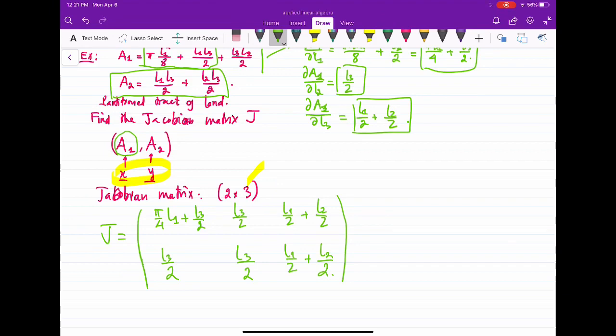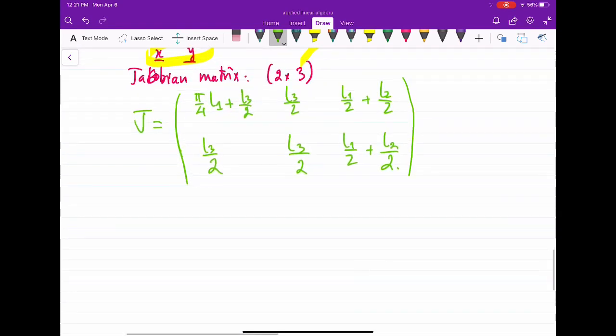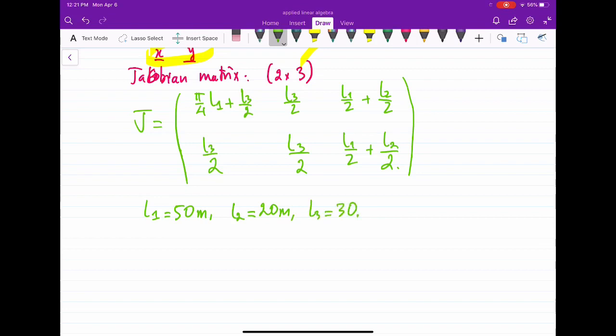Make sense? In case they give you the value L1 equal to 50 meters, for example, L2 is 20 meters or miles, whatever you want, and L3 is 30. Okay, so you just plug everything into this to find the Jacobian matrix.